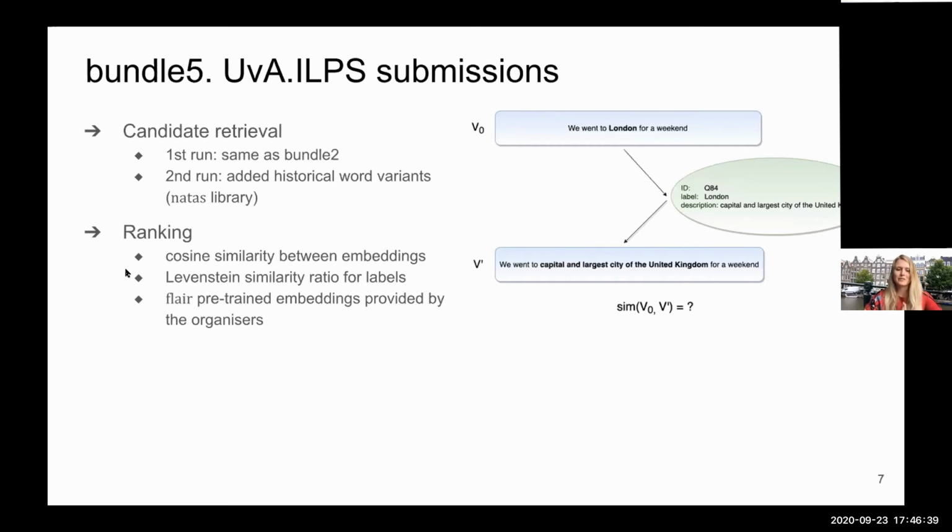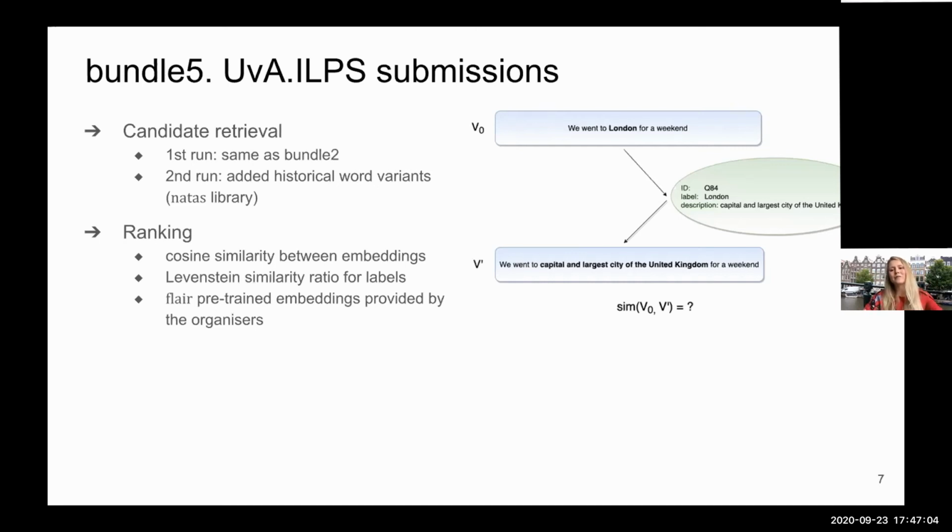So we had two assumptions. The first one is that context-aware embeddings are working well for capturing the meaning of the sentences. And the second assumption is that a description of an entity is semantically close to the entity itself. So basically, the description is sort of a synonym of the entity mention.